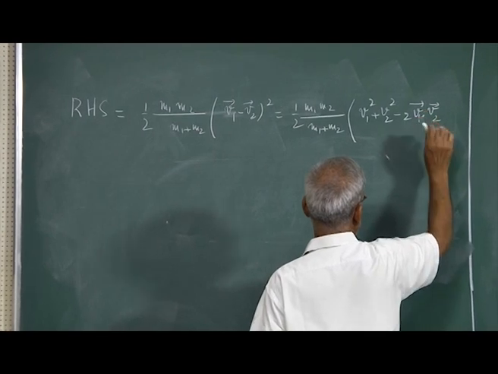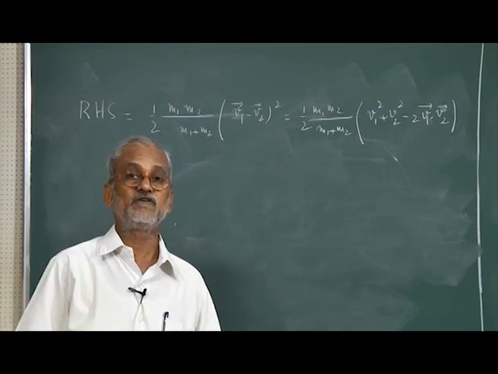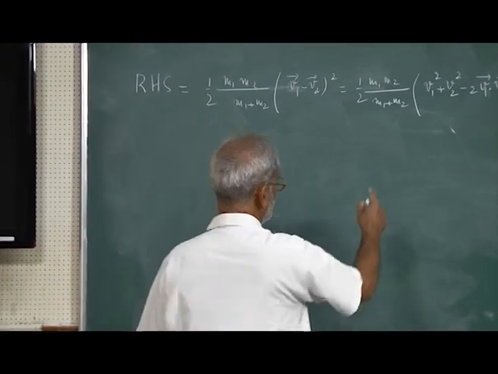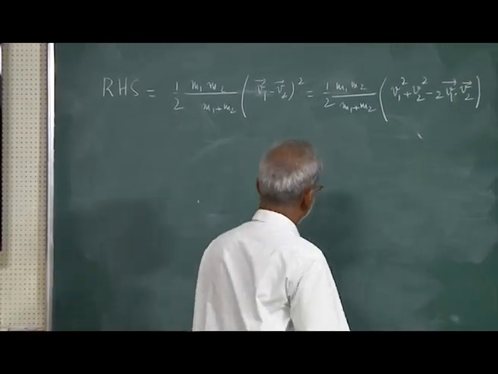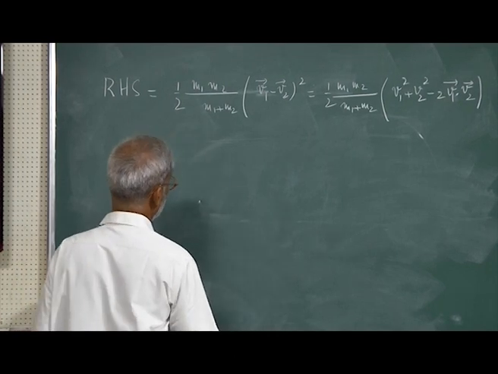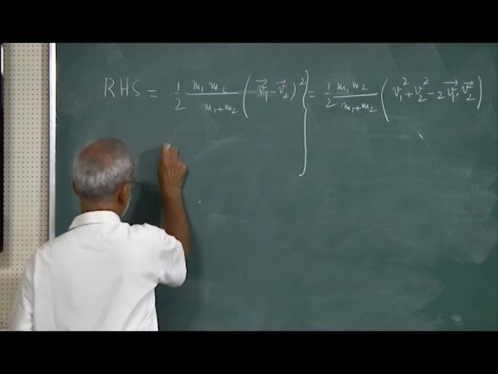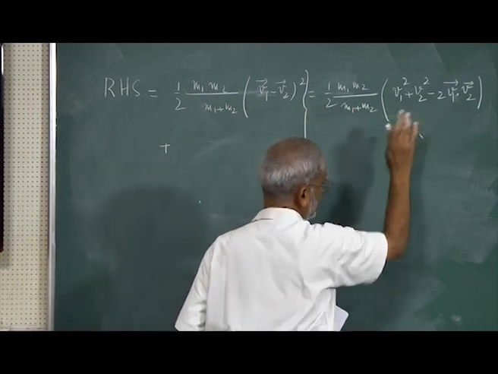This dot is very important because these are two vectors, so there is a dot product involved when you take a square, whereas here they become simply scalars, okay. Plus, oh sorry, this is one half of the expression, the other half is this expression which I have written.